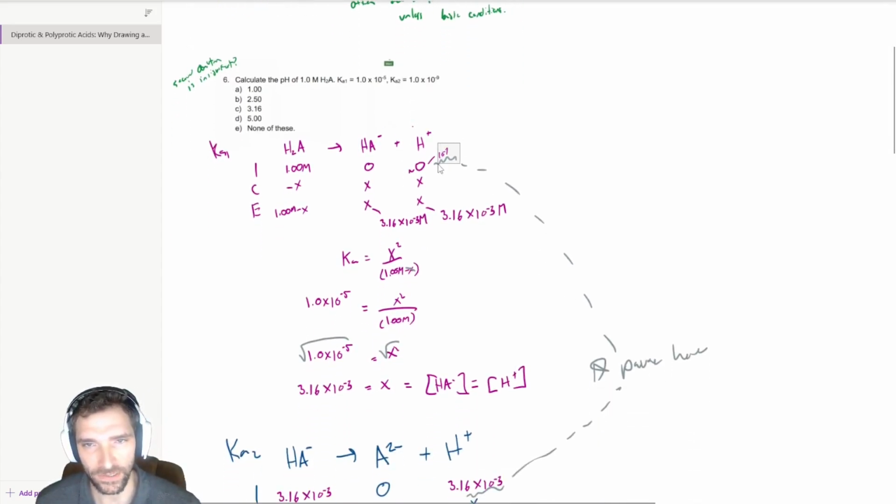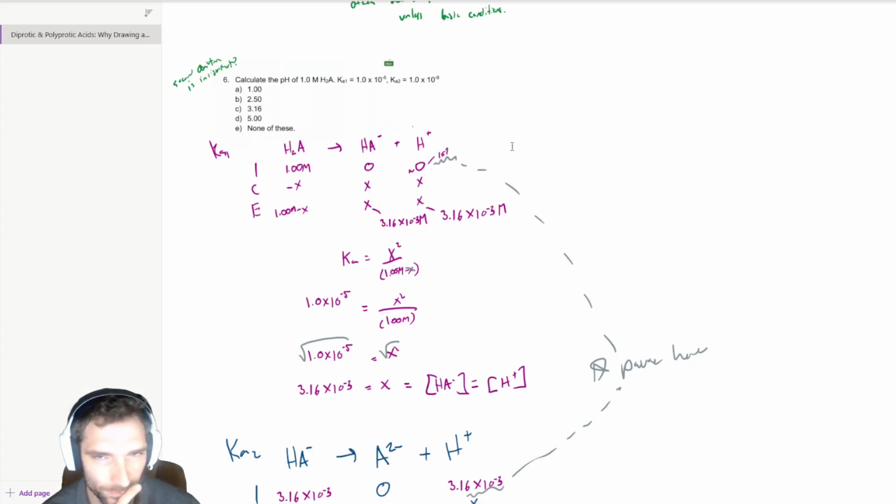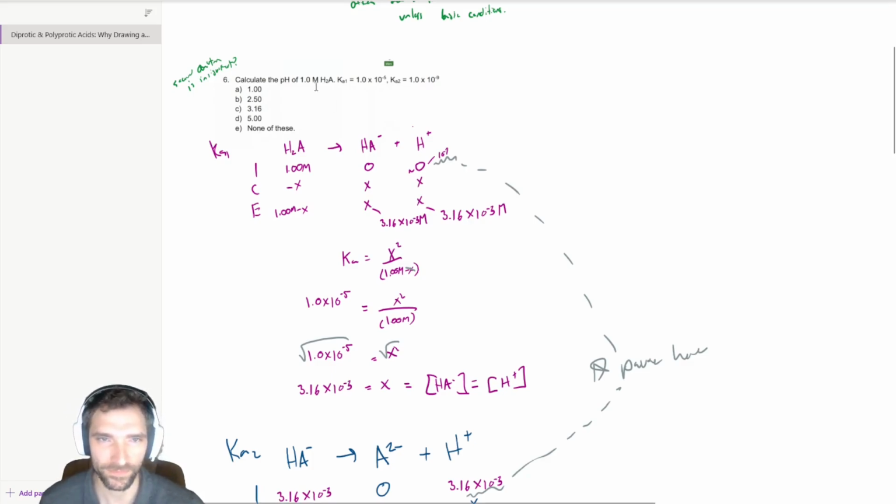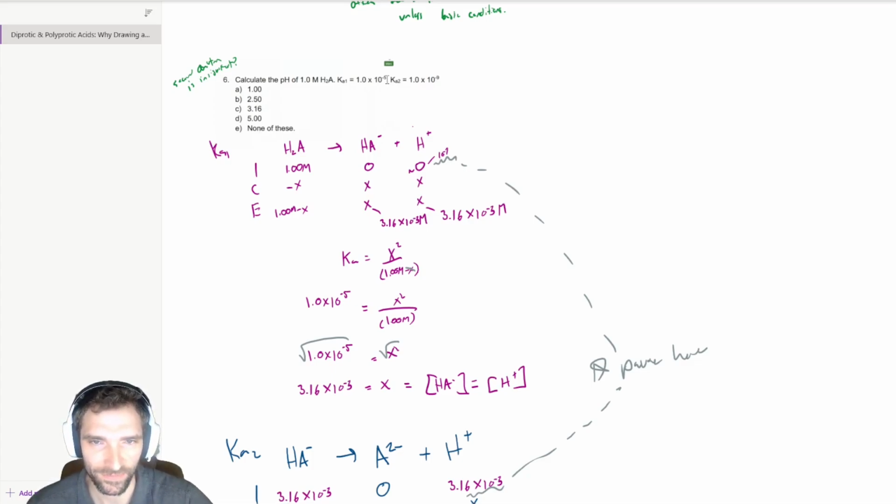Knowing that water does have a little bit of hydrogen in it, this should be 10 to the negative 7, not 0 conceptually. And that comes into play later on in the problem. Is it appropriate to think of that as 0, or is it maybe something else? So for this first Ka, we're able to think about it as just a regular acid dissociation.